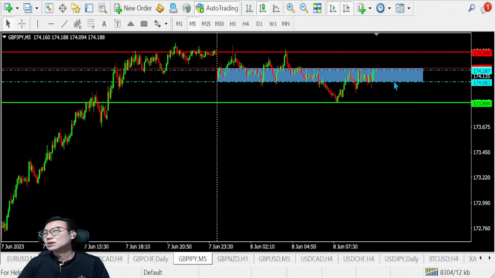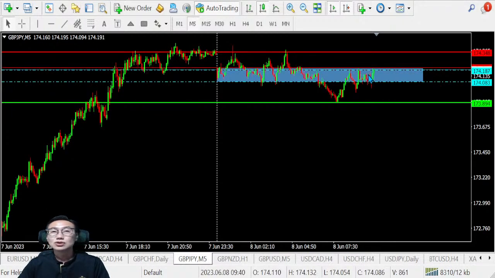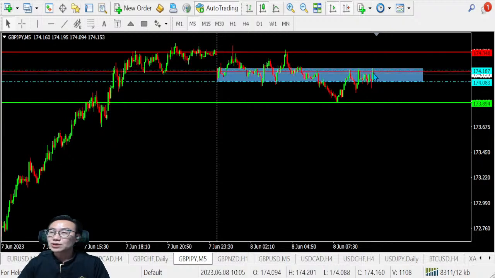So what I'm trying to say is that this area is very tough, am I right? It is so tough to the extent that the price may start to consolidate. If the price is going to consolidate, in that case we can simply wait for a while, then let's see which side it is going.